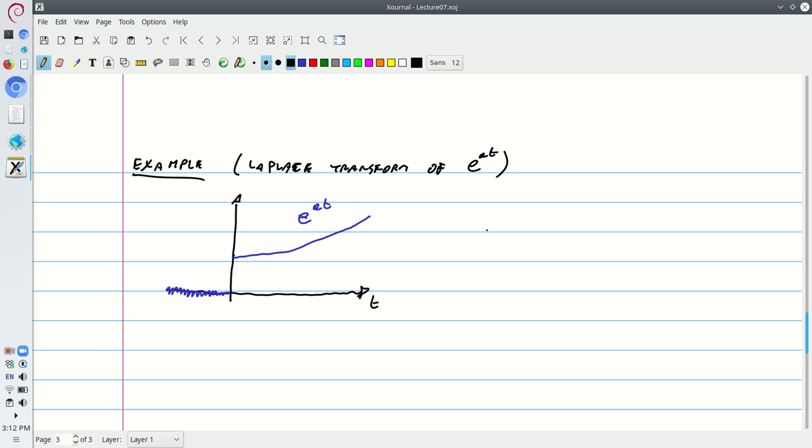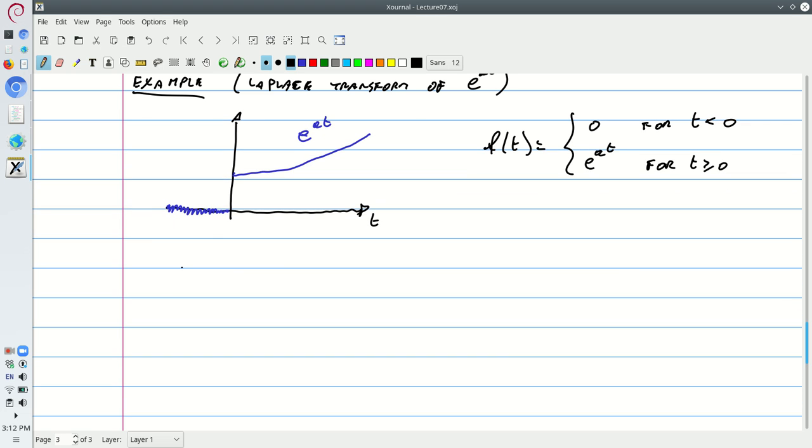So if f of t is equal to 0 for t that is negative and exponential of at for the non-negative t's, let's compute the Laplace transform, and we see that this is going to be very useful too. So f of s is given by the integral from 0 till plus infinity of exponential of at times exponential of minus st in dt.